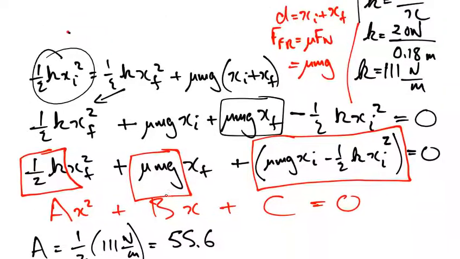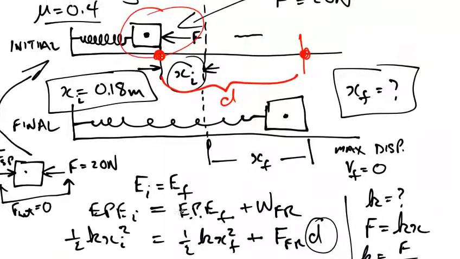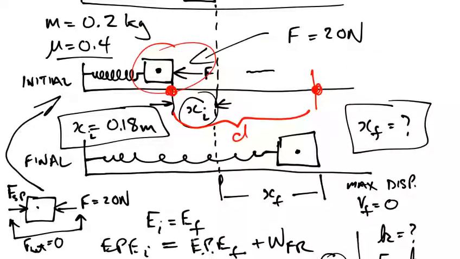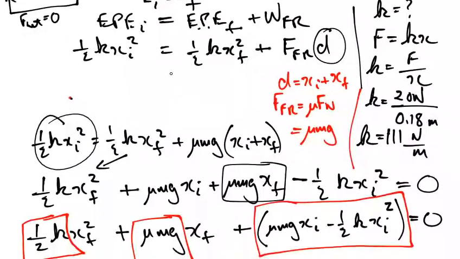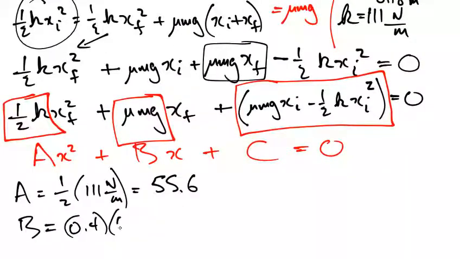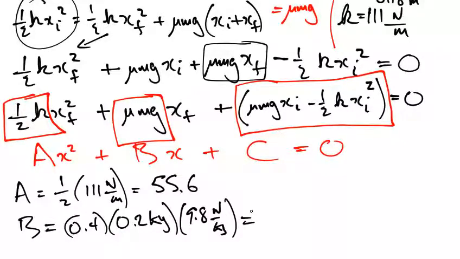I did all this algebra and I forgot what the mass was. 0.2 kilograms. Okay, so 0.2 kilos multiplied by 9.8 newtons per kilogram. This gives me 0.4 times 0.2 times 9.8, and I'm getting 0.784.